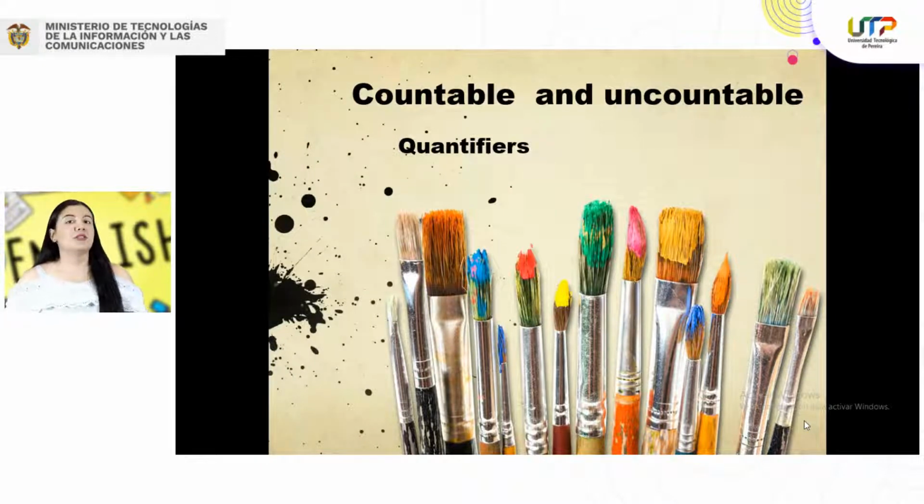Para esto, para que ustedes puedan identificar en contexto la diferencia principal entre estos dos, antes que aprenderse reglas, ¿cierto? Porque es difícil recordar reglas, pero en este momento les voy a dar unas estrategias para que ustedes puedan reconocerlo. Así que vamos a ver quantifiers, ¿sí? Cantidades para que ustedes lo reconozcan. Unos ejemplos. So let's start with number 1.